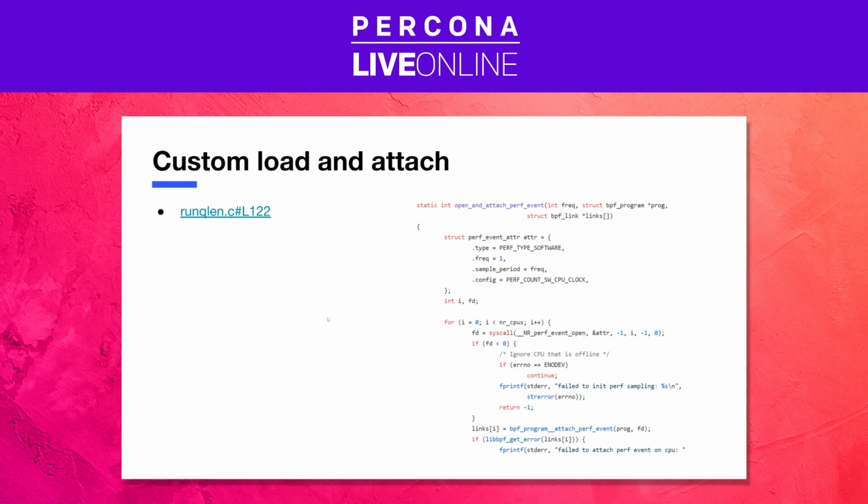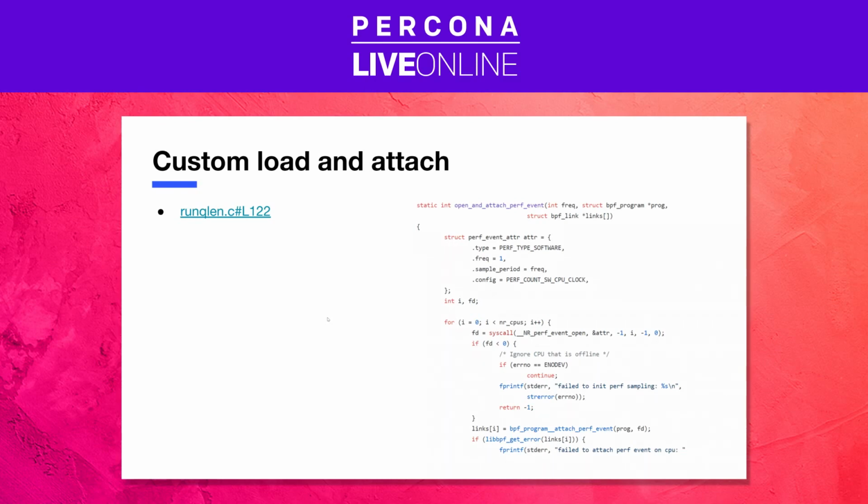Skeleton is suitable for almost all scenarios, but there is a special case, perf events. In this case, instead of using links from struct name__bpf, we need to define an array of struct bpf_link.